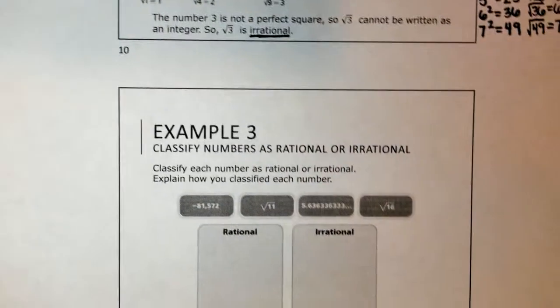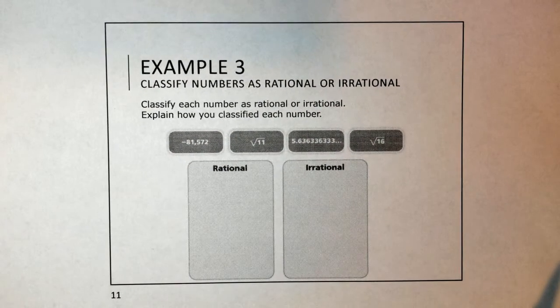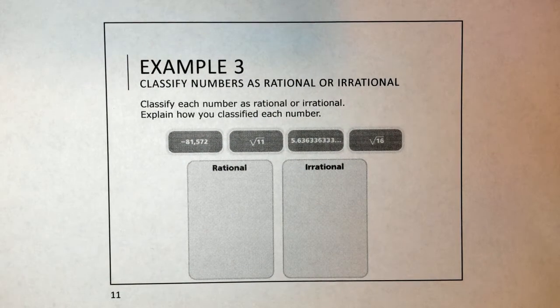So now we're going to go ahead and look at example 3. We're going to look at these 4 numbers here and identify whether they're rational or irrational. It says classify each number as rational or irrational, and then explain how you classified each number. As a reminder, irrational numbers are decimals that are non-terminating and non-repeating.